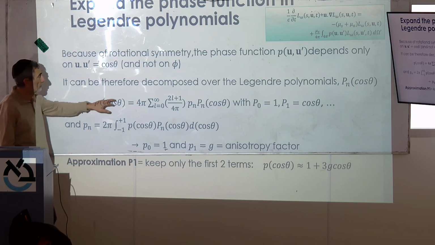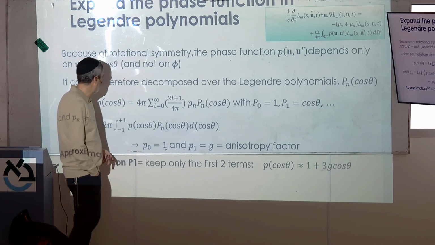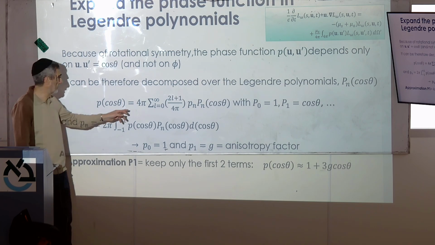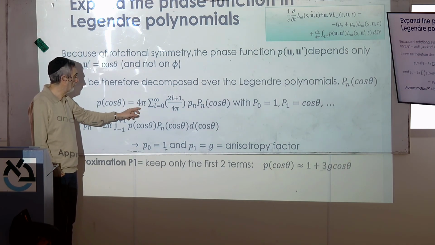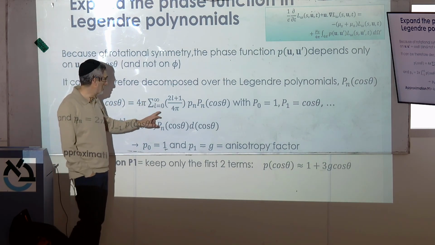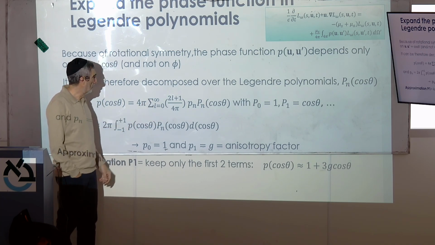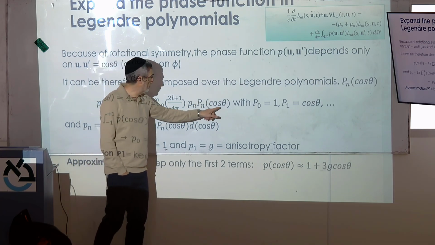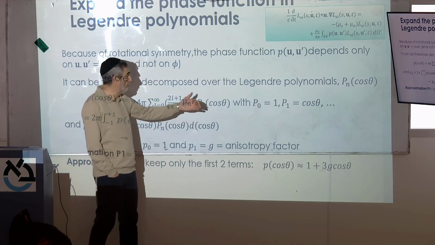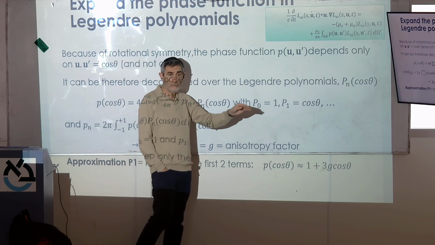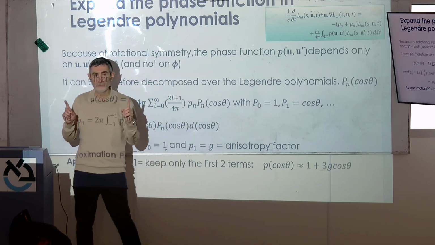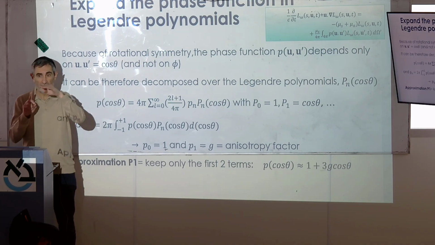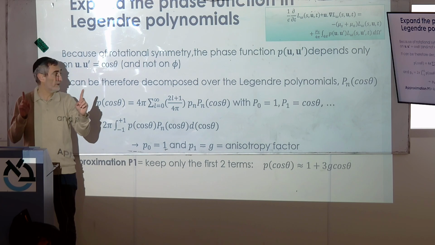So the phase function P of cos theta can be written as an expansion in terms of the Legendre polynomials, which I wrote here. The 4 pi is just a convention. The general expression is the sum over all values of L of (2L plus 1) over 4 pi, times a coefficient Pn, times the Legendre polynomial. The first one is 1, a constant horizontal line between minus 1 and plus 1.